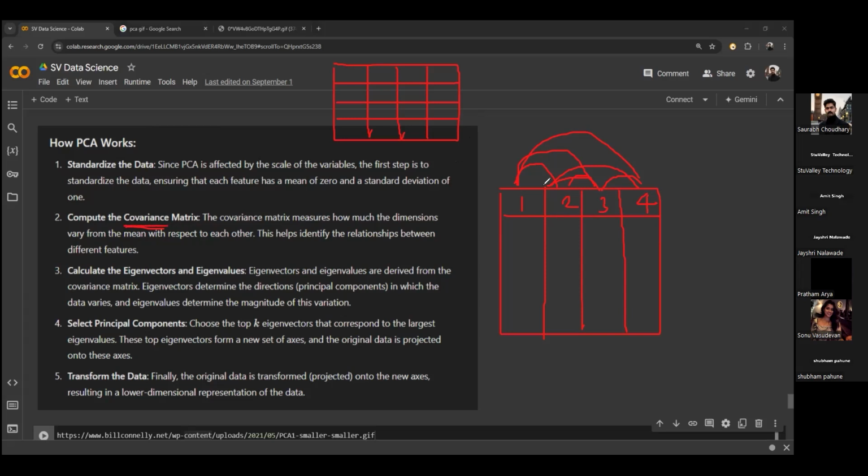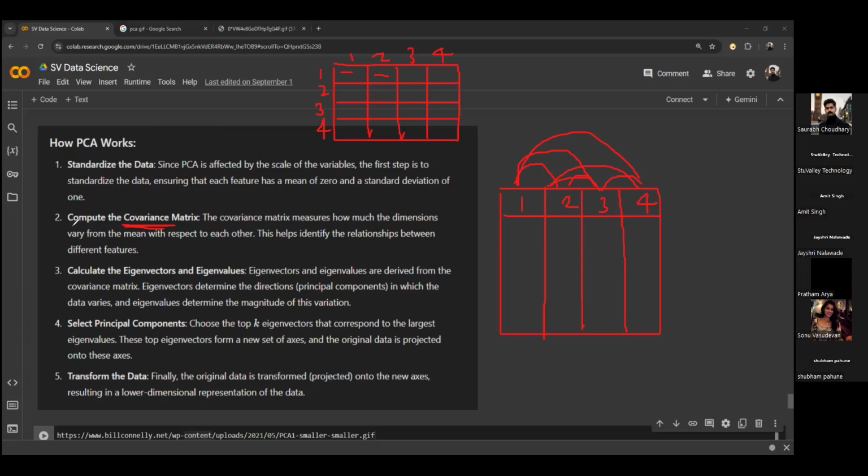Okay, so it makes the covariance matrix, like all the 4 features are given here in the matrix: 1, 2, 3, 4. So how much is 1 related to 2, 3? We will just give the numbers here. A high number shows high correlation, it means high covariance, and a low value shows low relation.